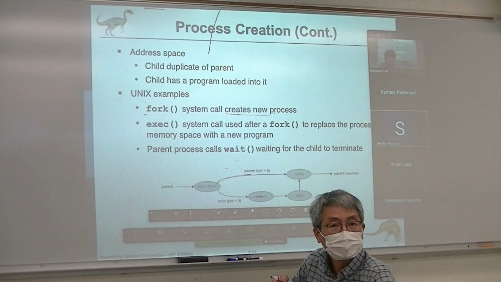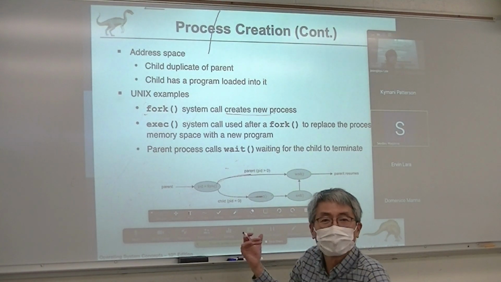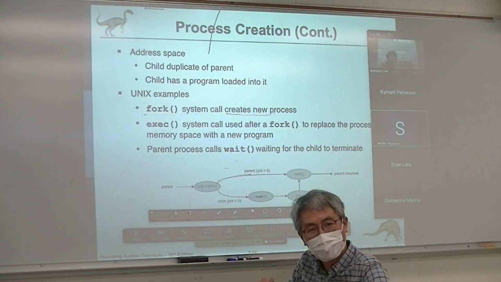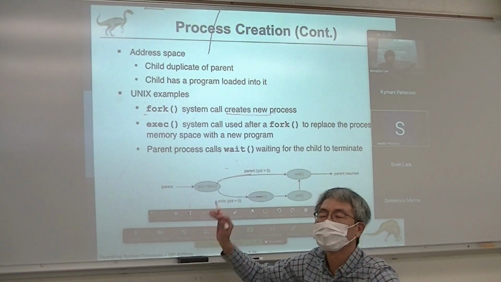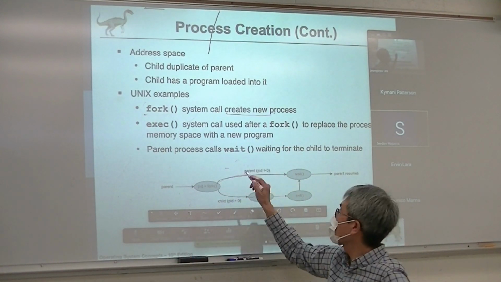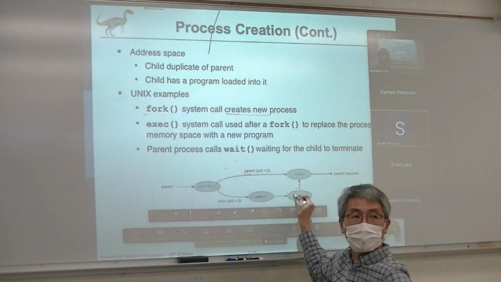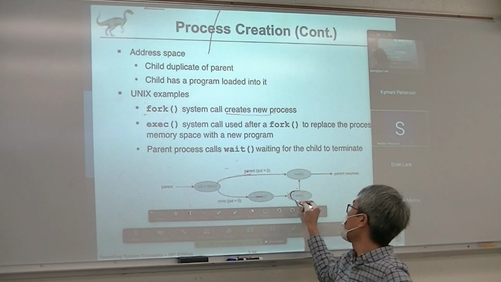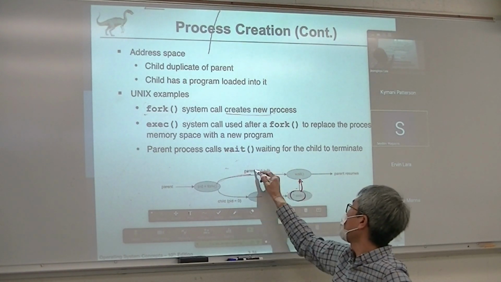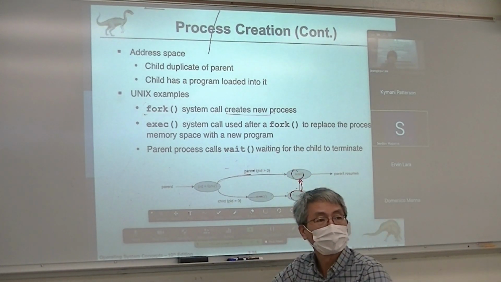After the fork, are they separate? Yes or no? Why is it yes or no? It's not entirely separate. We will see. But you should remember the parent is waiting for the termination of the child. When the child is terminated, the parent is waiting with wait. This is another system call.